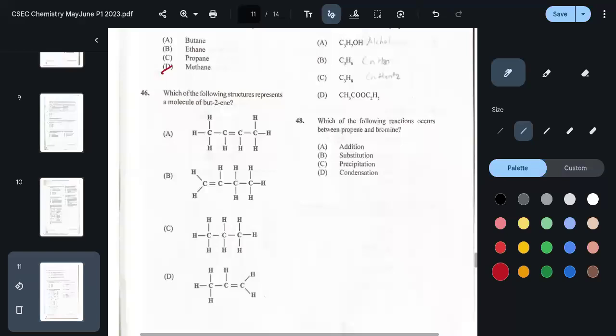All right, anybody want to share their answer? Which one is 2-butene? Would it be A? Yes, it would be A.